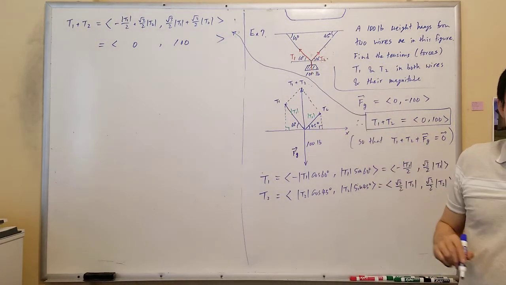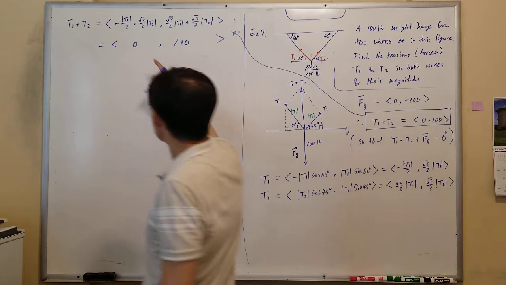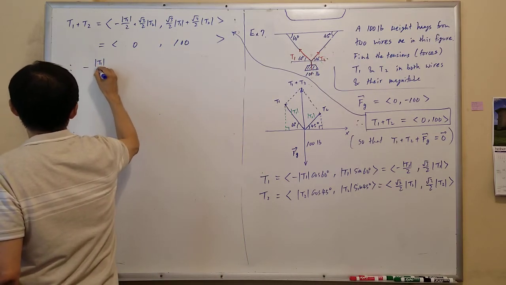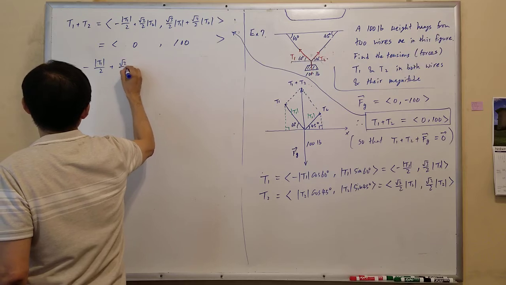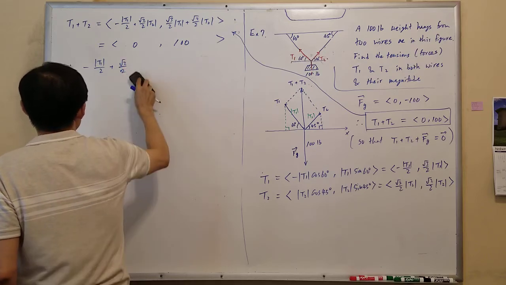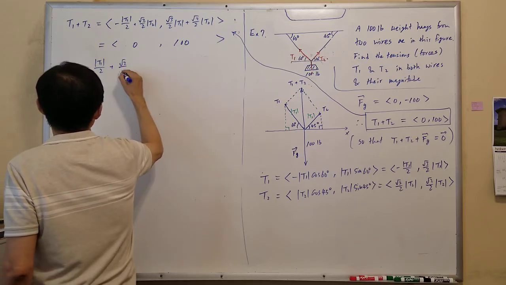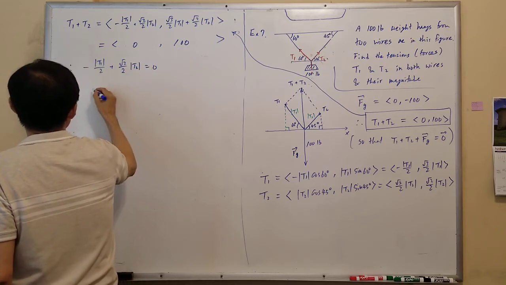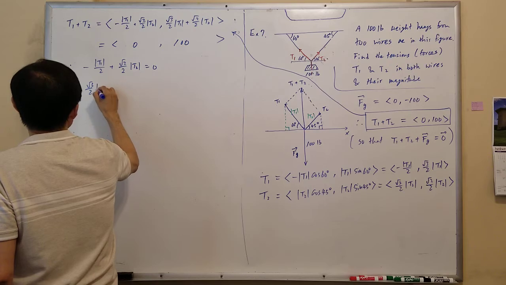So that means minus T1 magnitude over 2 plus square root of 2 over 2 T2 equals 0, and square root of 3 over 2 T1 plus square root of 2 over 2 T2 equals 100.